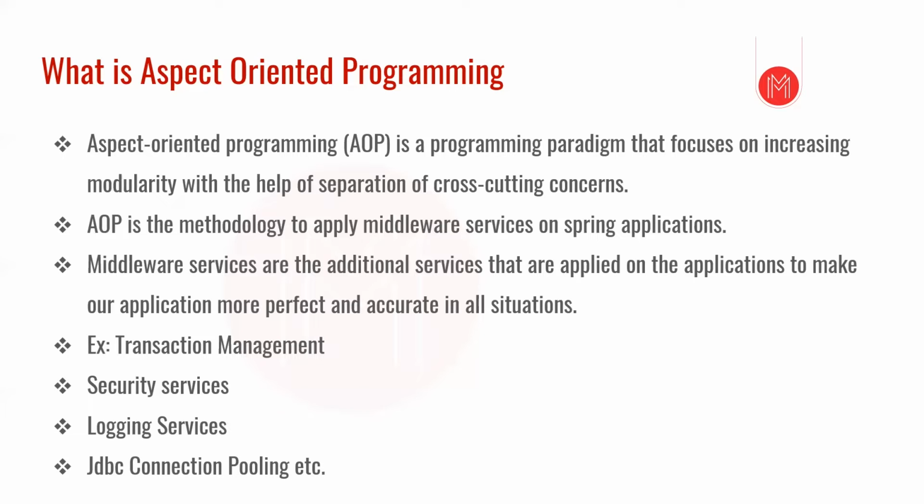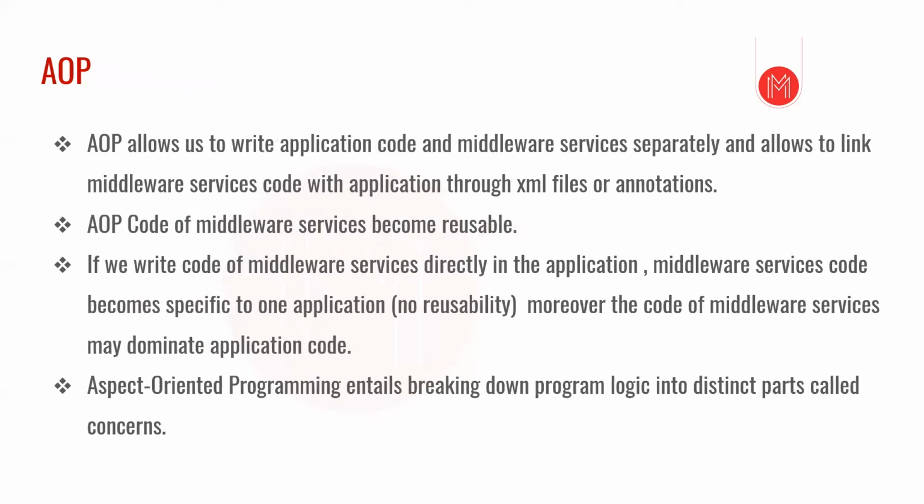Okay, so when it comes to AOP, it allows us to write application code and middleware services separately, and allows us to link middleware services code with the application through either XML files or annotations.